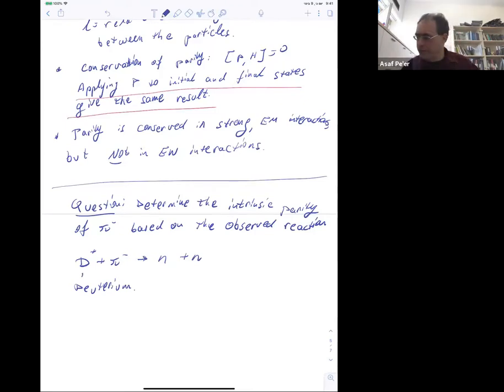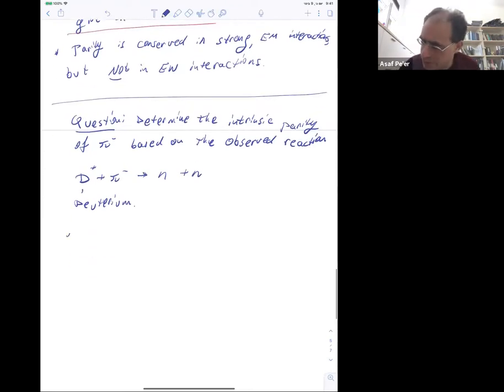I'll give you some pieces of information that we're going to have to use in order to determine that. The deuterium really is a bound state of a proton plus a neutron. So D is a bound state of P plus N. D is the nucleus of a hydrogen atom with an extra neutron.